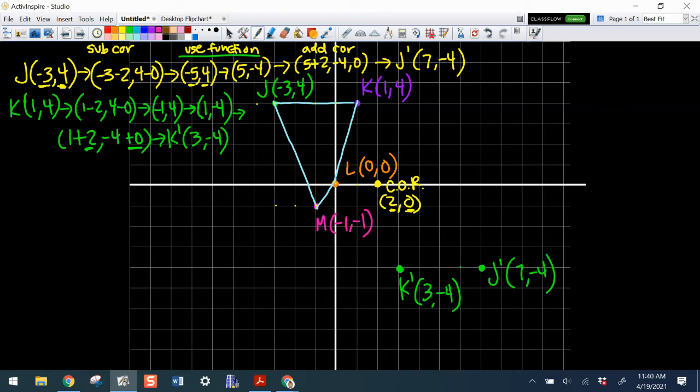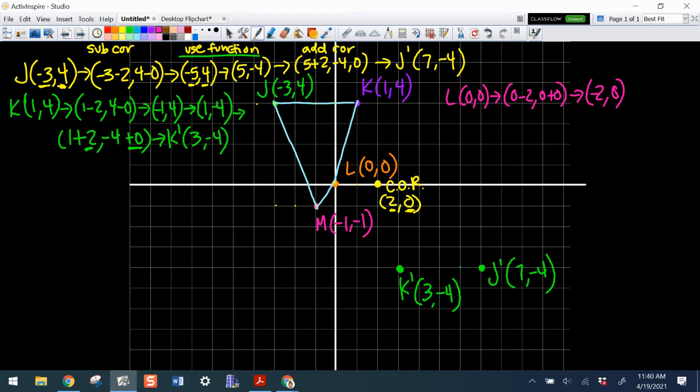Now we'll do the same thing for L and M, because L is not the center of rotation anymore as the origin, so we definitely have to rotate L as well. So L is located at 0, 0. The first thing we're going to do is subtract our center. So it'll be 0 take away 2 and 0 plus 0. 0 take away 2 is none other than -2. 0 plus 0 is none other than 0.